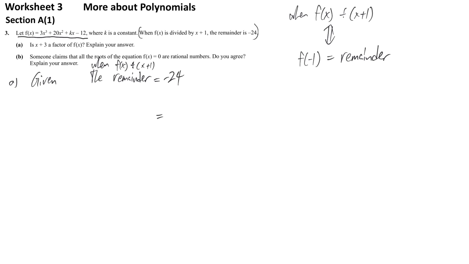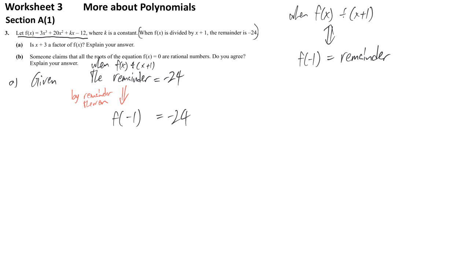And then afterwards, the remainder, we can get it by the remainder theorem. Then we replace the remainder by f(-1).